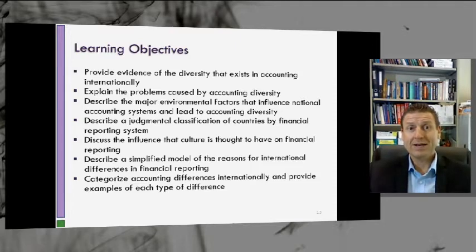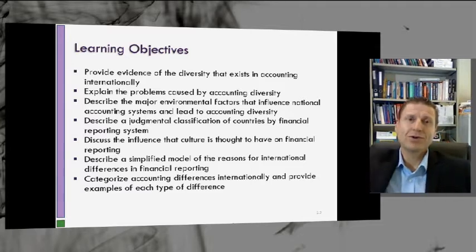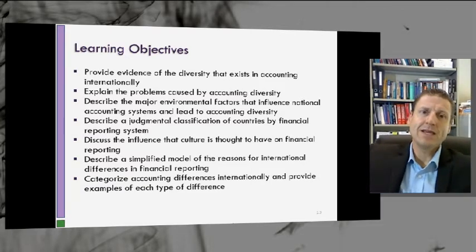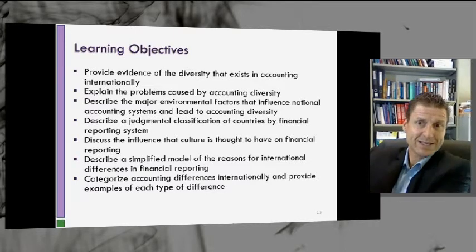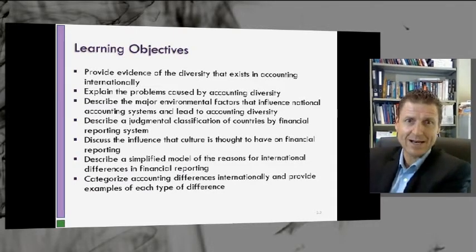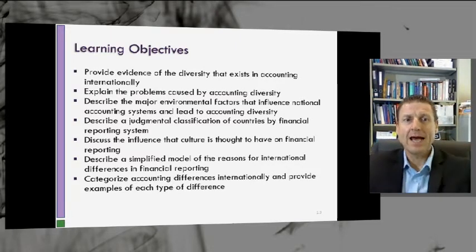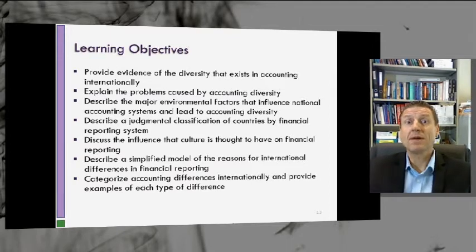We want to explain the problems caused by accounting diversity, and we want to describe the major environmental factors that influence the national accounting systems and lead to accounting diversity.